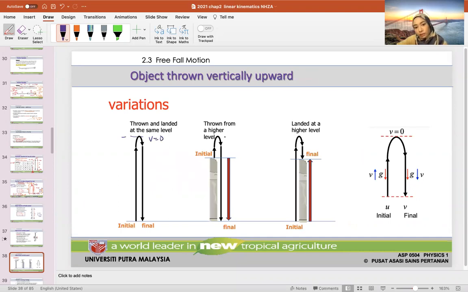Initial at the top of the building, final at the ground like Hazira earlier, V equals 0 at the top. Who is this below? Anik is below, throws something up, it hits the top of the building, V equals 0. No matter what, there will be a point where it achieves its maximum height that the velocity becomes 0. So velocity becomes 0 at the maximum height. This is the highest it can go, so that is where V equals 0. Always, for all free fall motions, and also for projectile. We will look at projectile later.